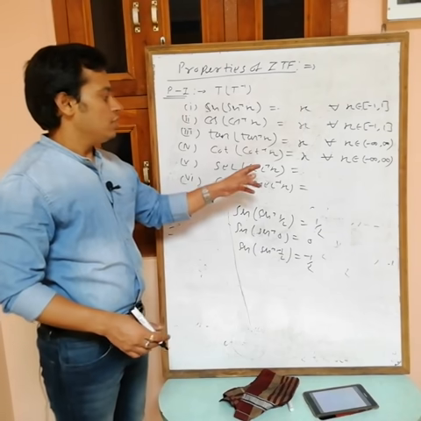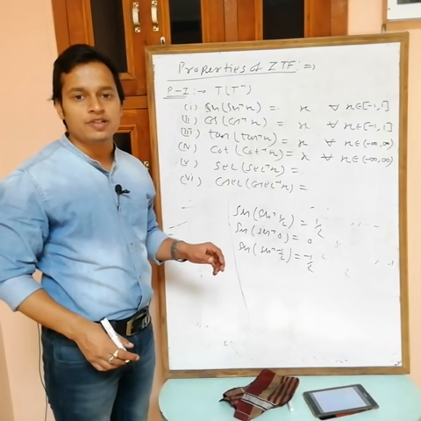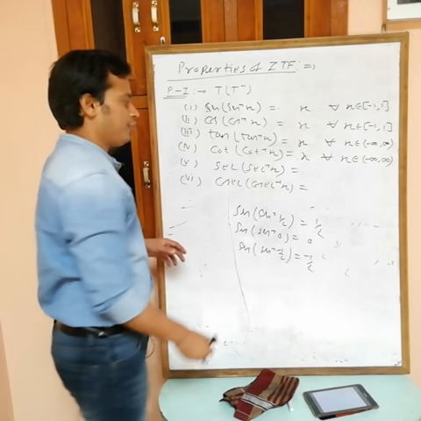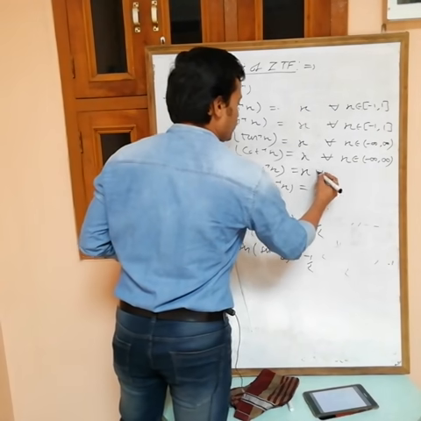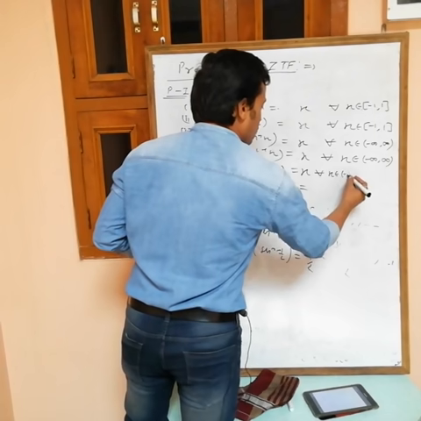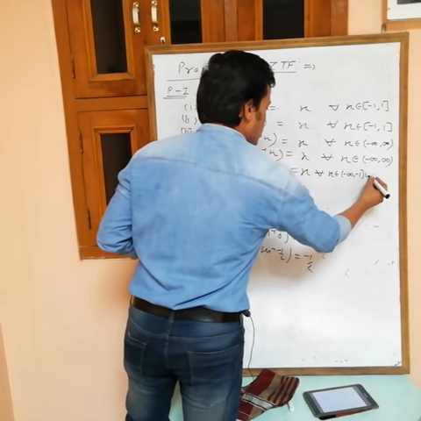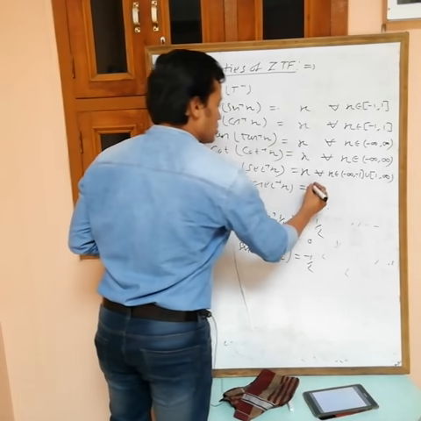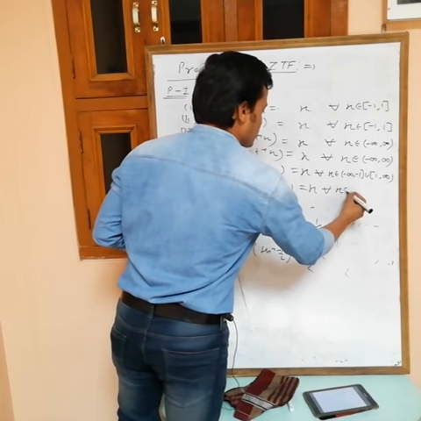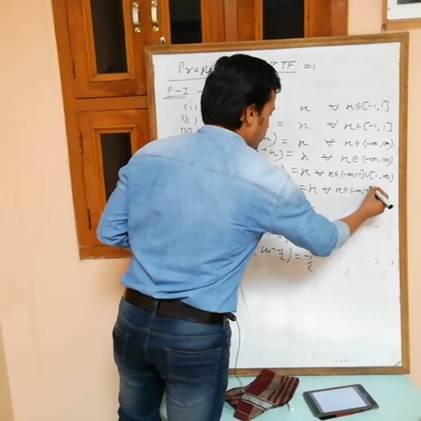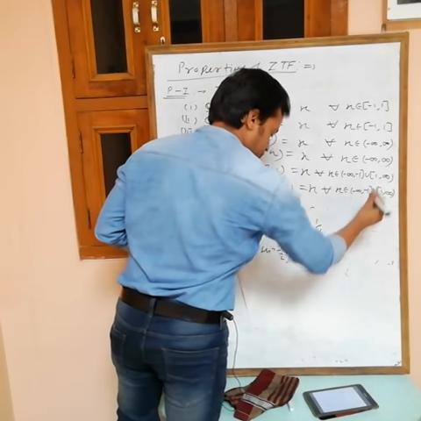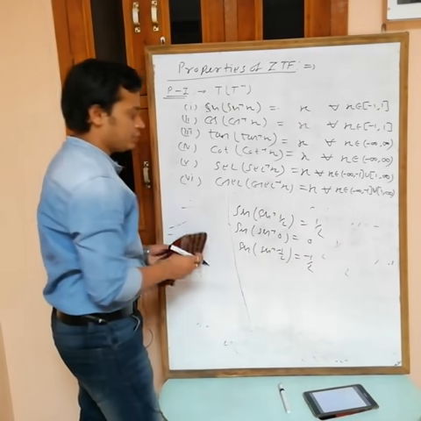Sec of sec inverse x: the domain of sec inverse x is minus infinity to minus 1, and 1 to infinity. So this is equal to x for all x belongs to minus infinity to minus 1 union 1 to infinity, and this is also equal to x for the same set. Okay, so this is done.